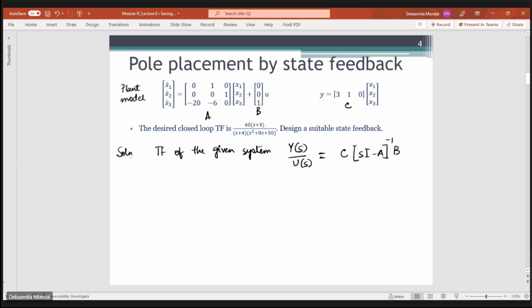So this is your C. From A, B and C, you can find out what would be the transfer function of the given system.